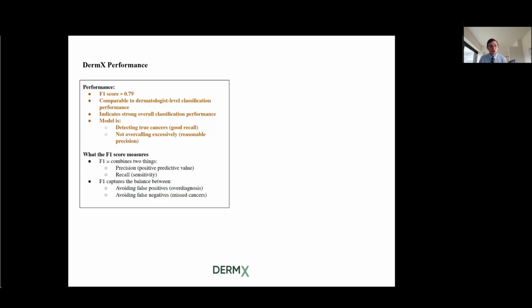It's also not overcalling excessively. It has reasonable precision, and that's what the F1 score actually measures. It's a balance between avoiding false positives and avoiding false negatives. So the F1 score captures overdiagnosis and missed cancers and combines it into a single performance metric.